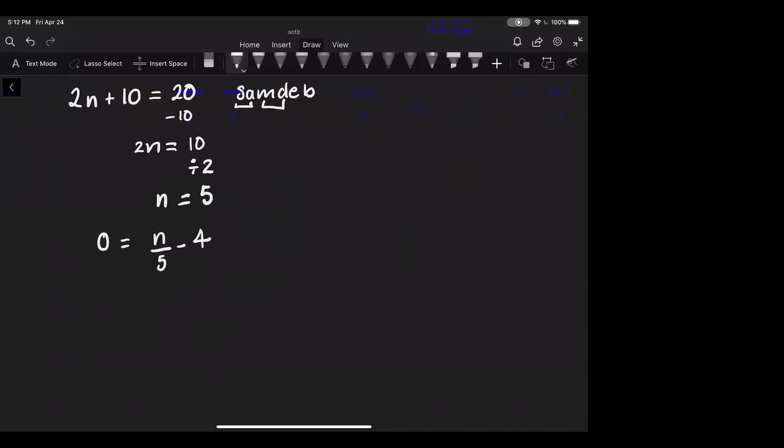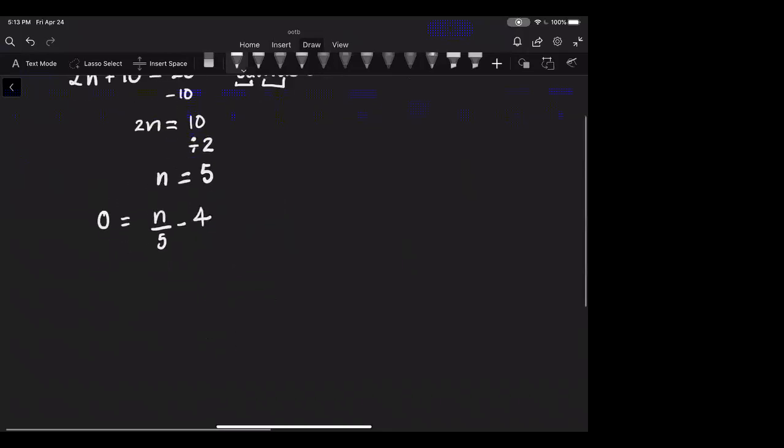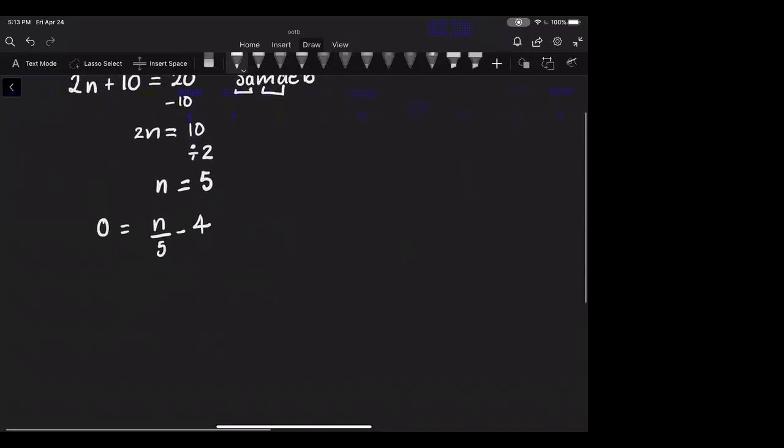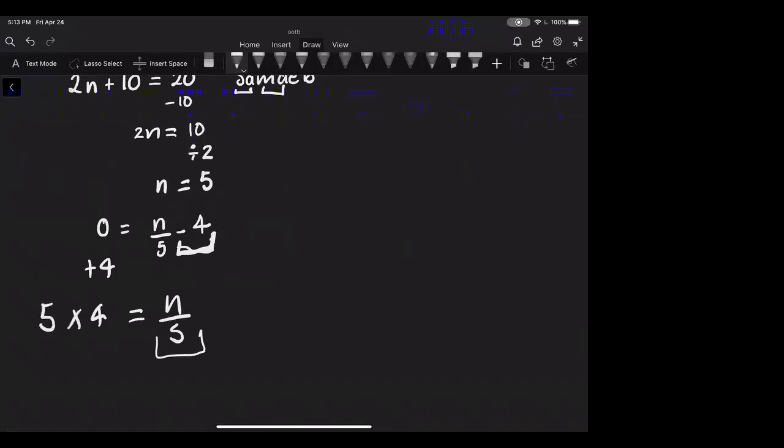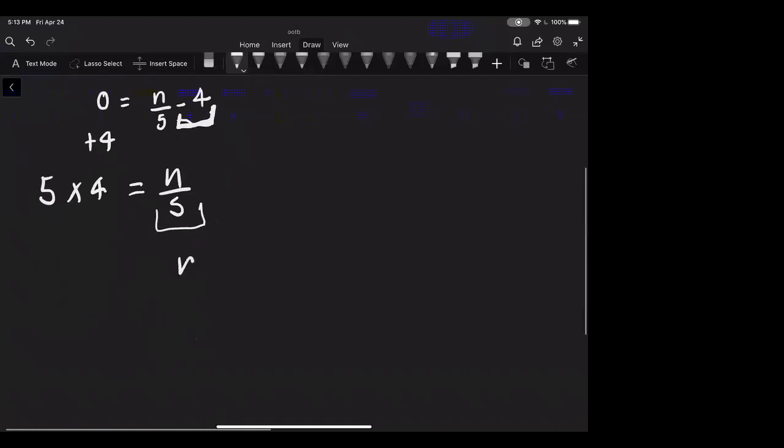Wait, isn't the answer 20? Yes. So first step is we see that we have subtraction, and so we're going to do the opposite. This is subtracting, so we're going to add 4 on this side. And over 5, this is dividing, so we're going to do the opposite, which is multiply that number. And then n is equal to 20.